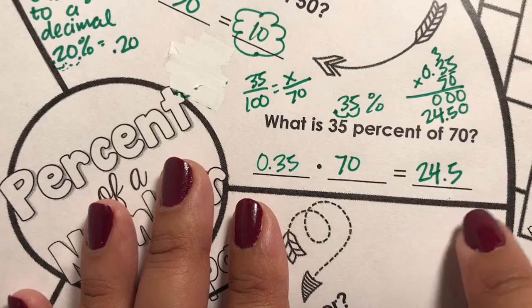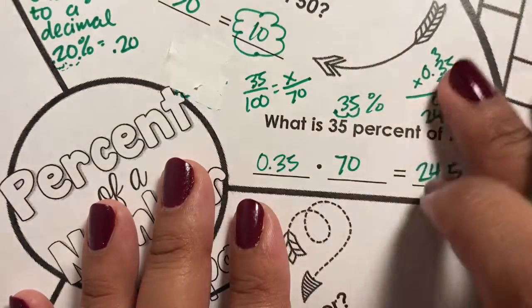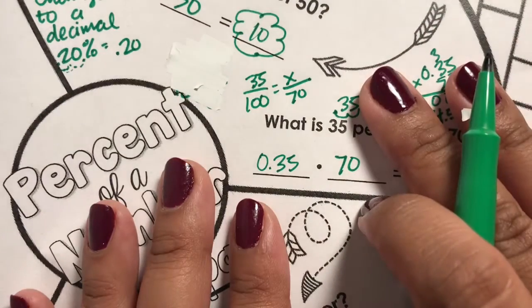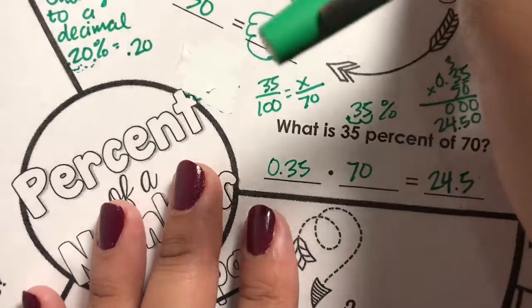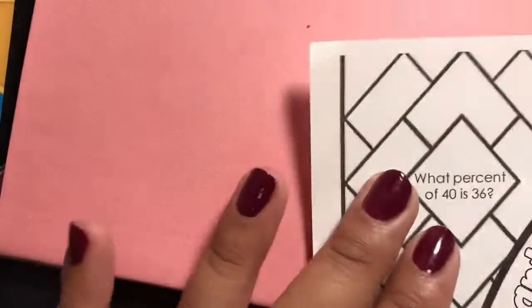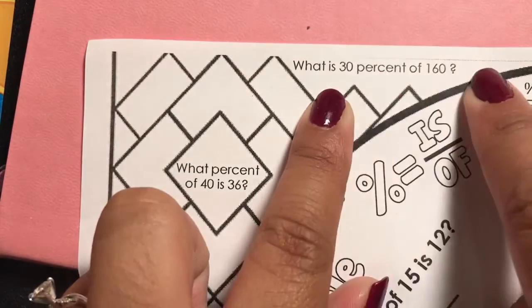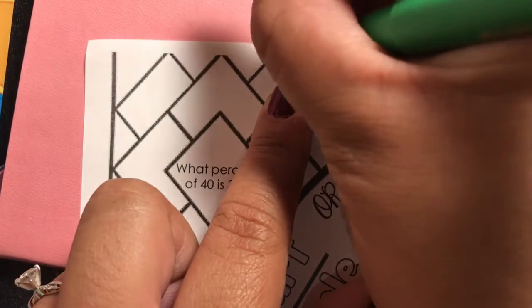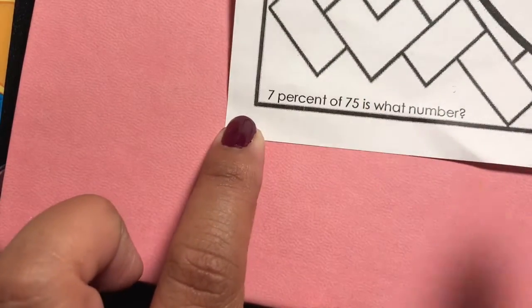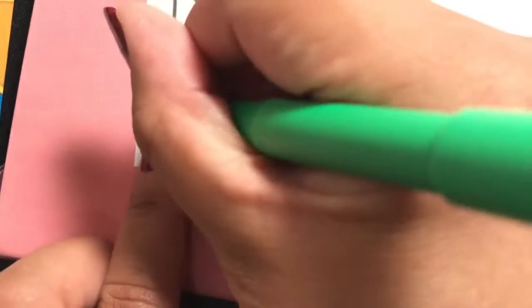Okay, so now that you're finished with this entire section of the worksheet, before you move on to the next video, you need to do these two problems. What is 30% of 160, and 7% of 75 is what number?